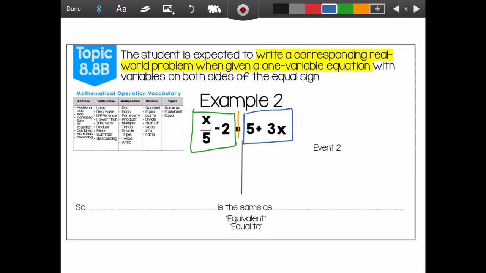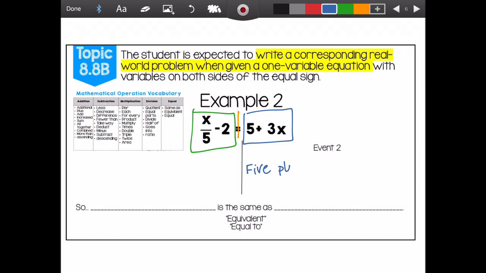Okay, so several ways we could say that. We could say the sum. We could say 5 plus 3x. We could say 5 added to 3 times a number. So several ways. I'm going to write the simplest way. 5 plus.